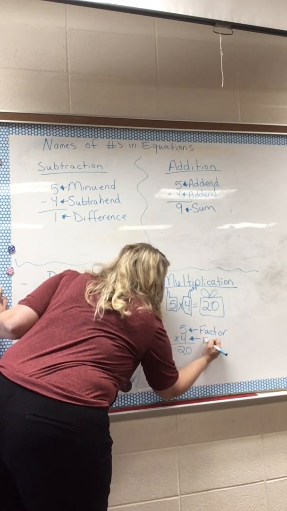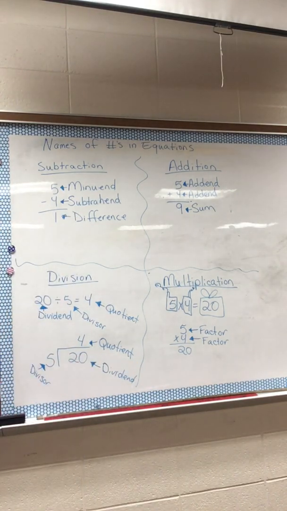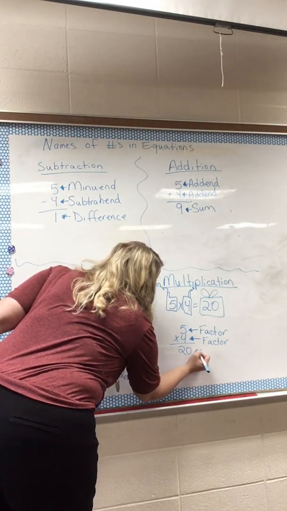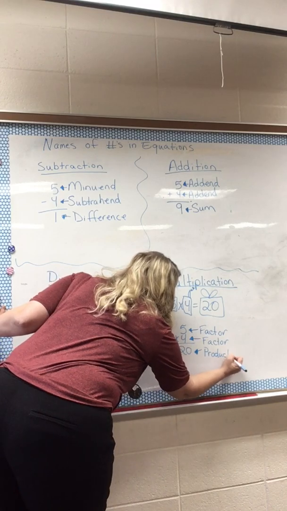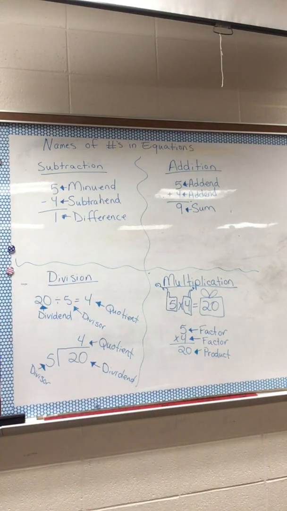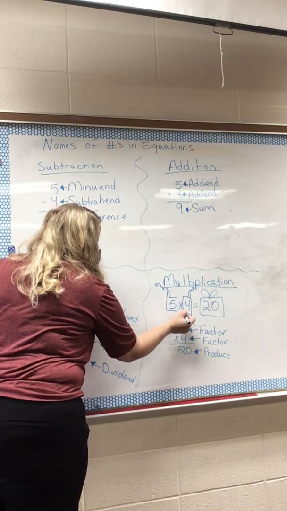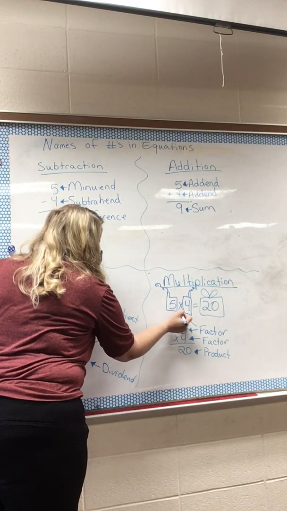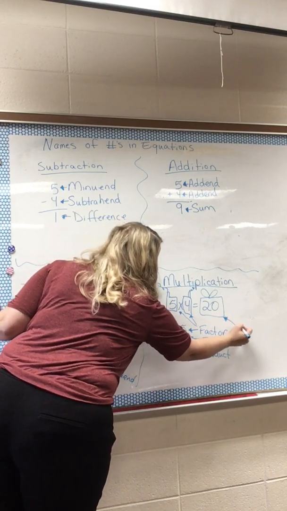So this is a factor, this is a factor. And factories make what? Product. So it only makes sense that 2 factors are going to make a product. This has nothing to do with math other than I'm just trying to help you remember it by using something you already know. Okay? So these are also factors here. And a factor. And this is the product too.